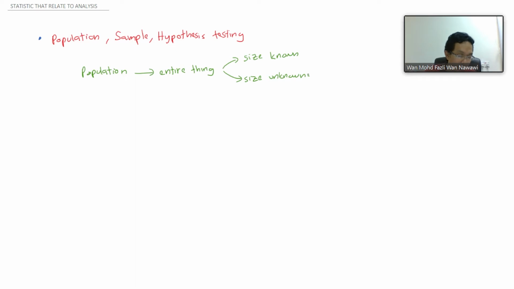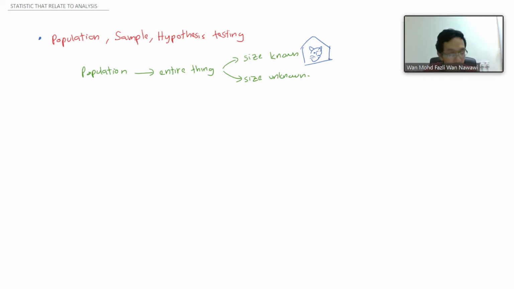For example, let's say in your house, you have a cat. So you know how many cats are in your house. The house becomes the constraint of the population. So let's say you have 5 cats. Then the population of cats in your house is 5.